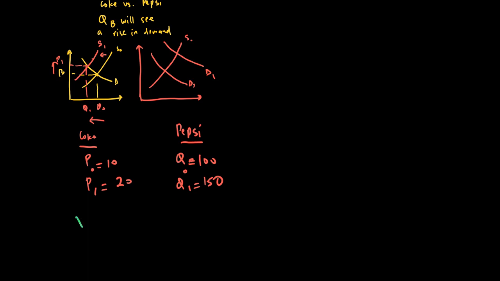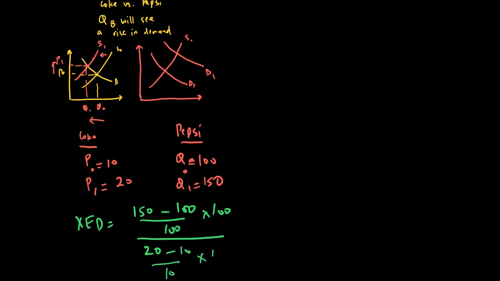My XED value will be 150 minus 100 over 100, that's percentage change in quantity, over percentage change in price of Coke, which would be 20 minus 10 over 10 times 100. So that will be 50% in the numerator over 100% in the denominator, because 20 minus 10 is 10, 10 over 10 is 100%, and the value will be plus 0.5.